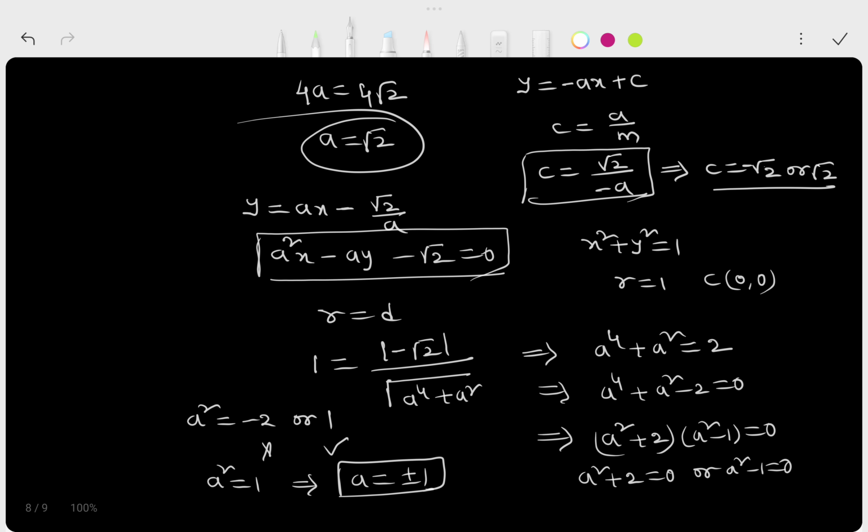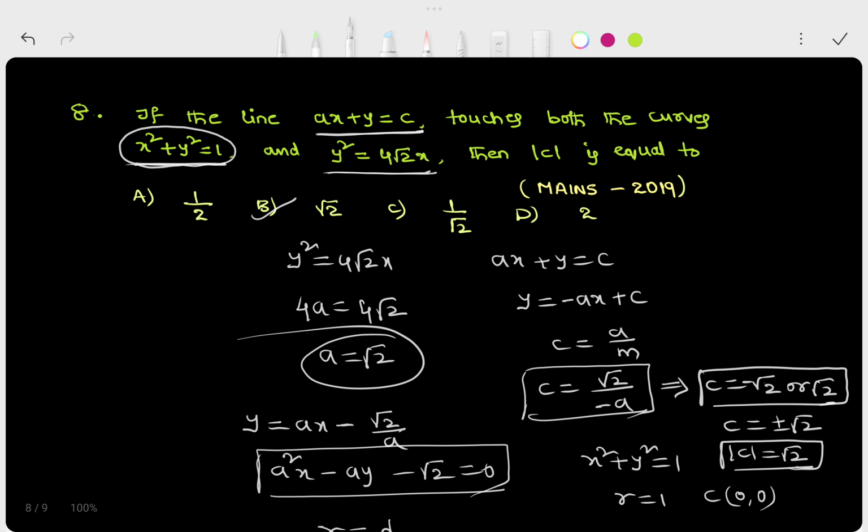And that means c value will be equal to plus or minus root 2, and a value will be equal to plus or minus 1. Actually, in this question, we have to find out the modulus of c. c value will be equal to plus or minus root 2. Plus or minus means modulus. Modulus c is equal to how much? Root 2. So your right answer will be modulus of c is equal to root 2. So right option is what? B is the correct answer.